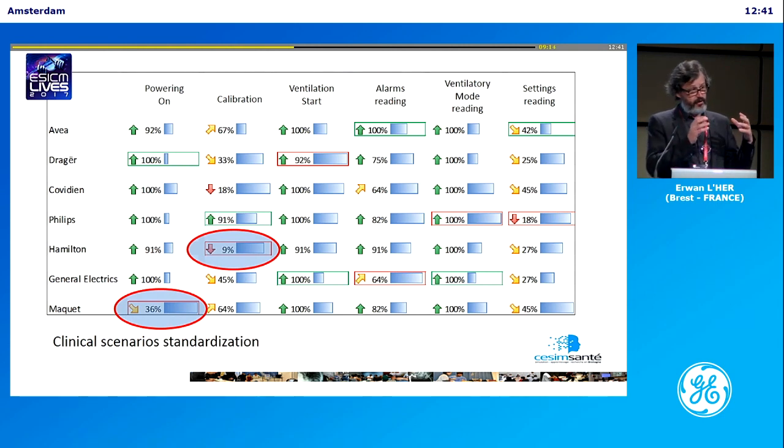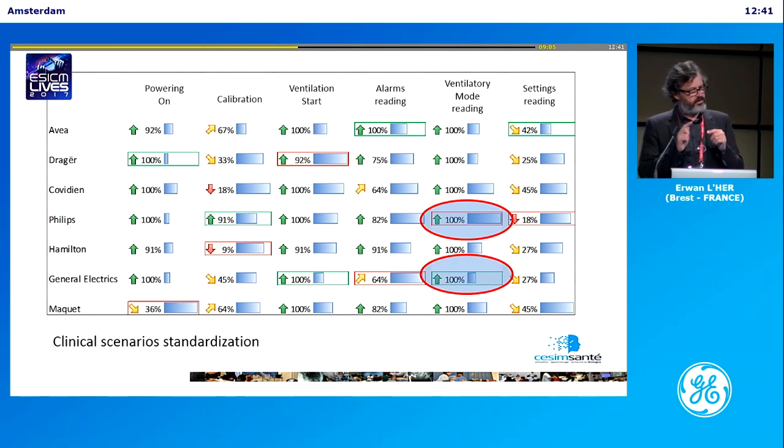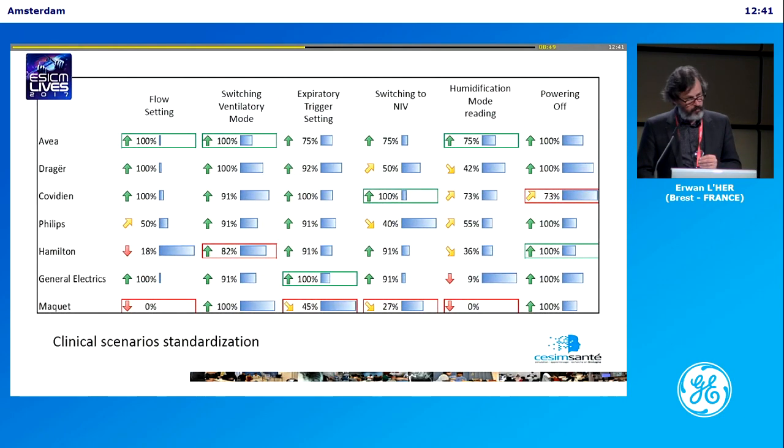Some were doing very badly, and some others were doing very well. But even within the scenarios that were successful for all physicians, some were performed within a very short period of time, whereas some were performed within a very large period of time. We performed at least 10 scenarios evaluation, and we tried to classify the devices between them.